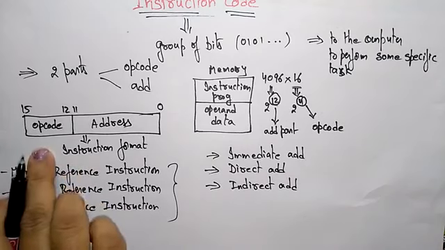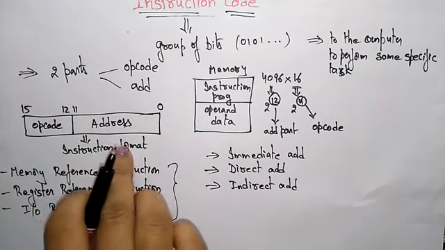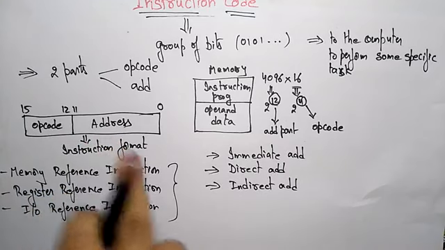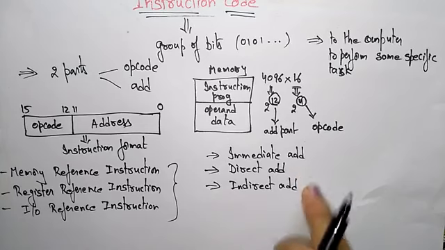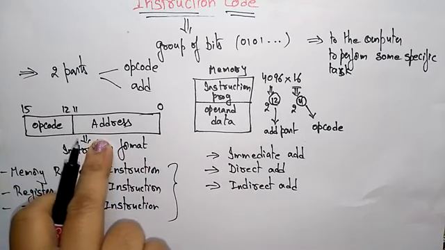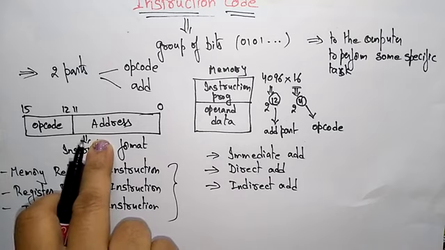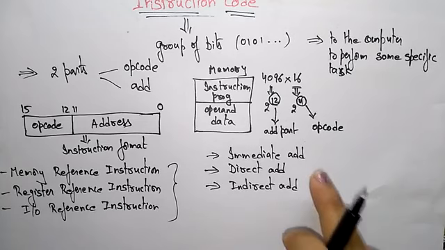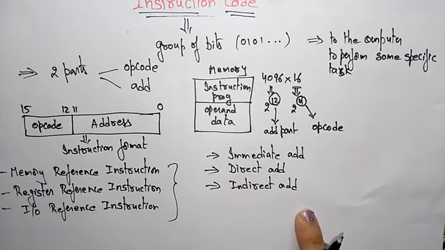This instruction holds the opcode and address, and this opcode and address will be immediate, direct or indirect. Based on this, the processor can understand whether the instruction it gets has immediate data, direct data, or indirect data.